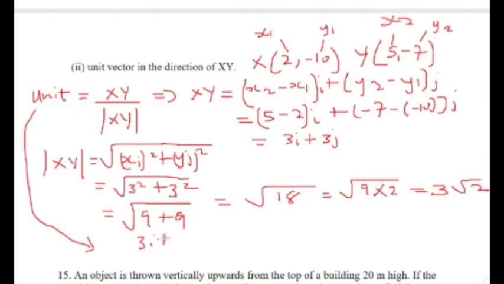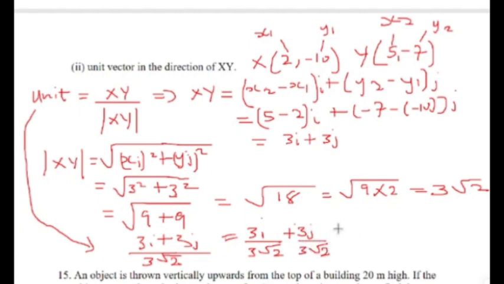So it means that our unit vector is basically 3i plus 3j divided by 3 root 2. We can separate this, it becomes 3i over 3 root 2 plus 3j over 3 root 2.